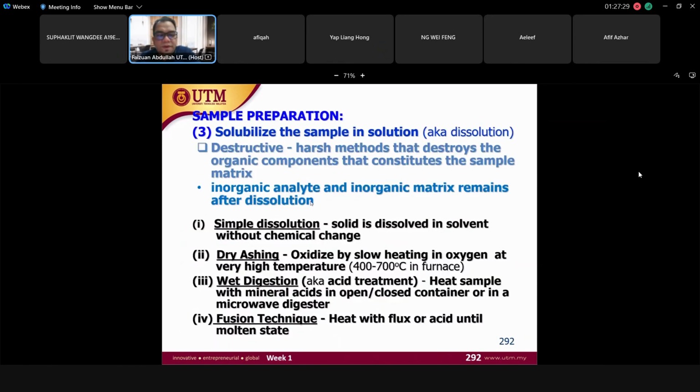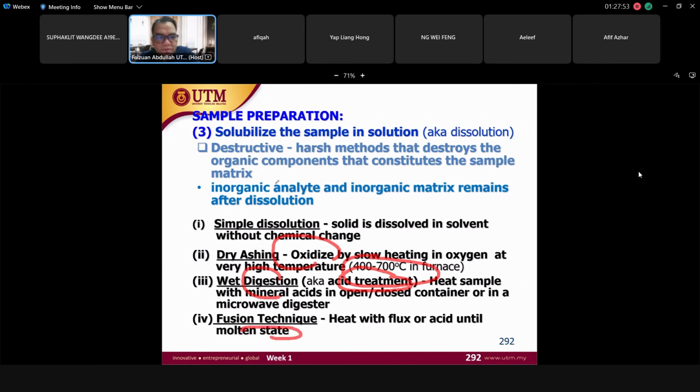And sample preparation, dry ashing. This is what I told you. Need to heat at a certain temperature, mix, it needs to oxidize. Wet digestion. What is meant by digestion? We put acid. This is acid treatment. Put acid and heat the sample. Fusion technique: heat with flux or acid until molten state.